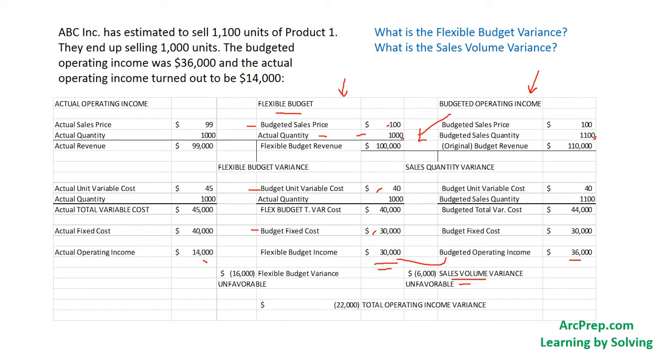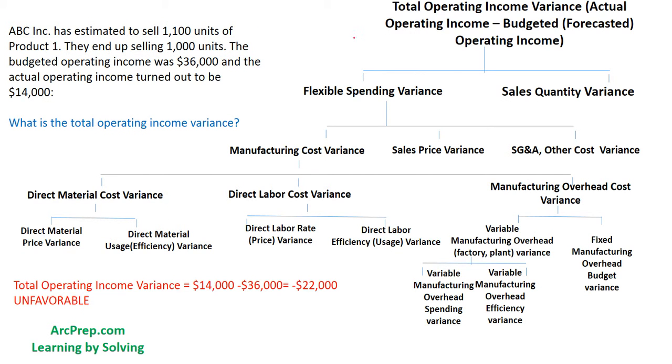The rest, the $16,000 difference between actual and flexible budget, is what's known as the flexible budget variance. Hence, I can rewrite: my total variance in operating income is $22,000. Sales quantity variance is $6,000, and flexible spending variance is $16,000.